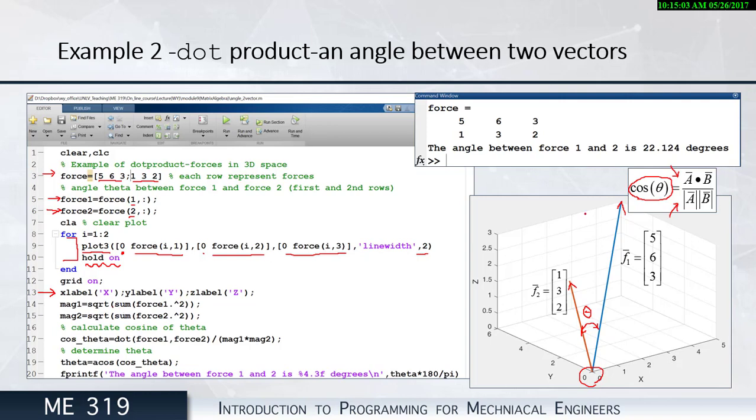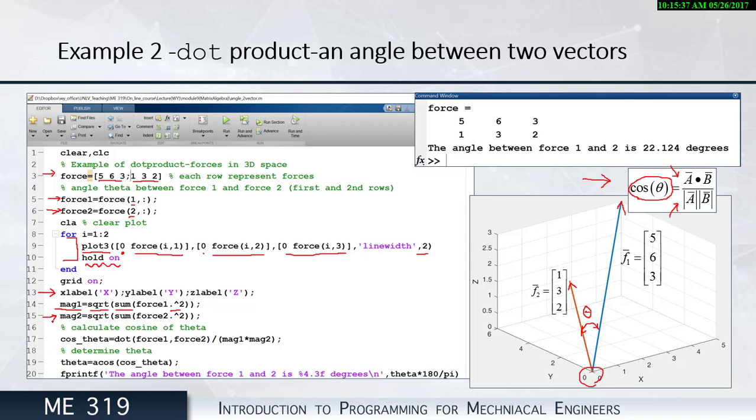So the next step is to implement this equation. First you have to find the magnitude of force 1, which can be obtained by squaring force 1 with the dot operation. Each xyz component is squared and added, and then the square root is taken.